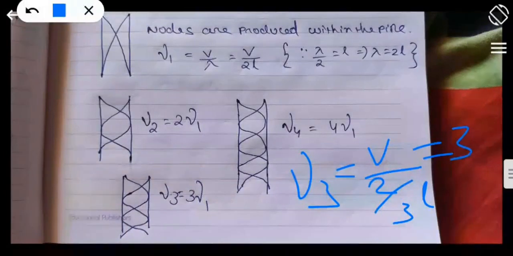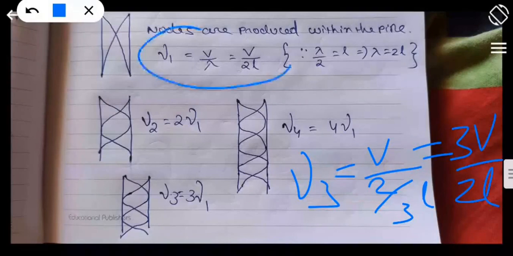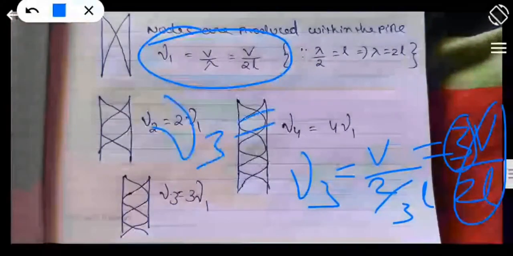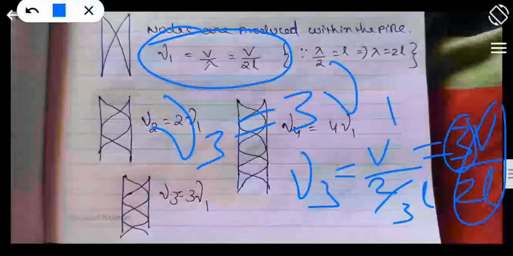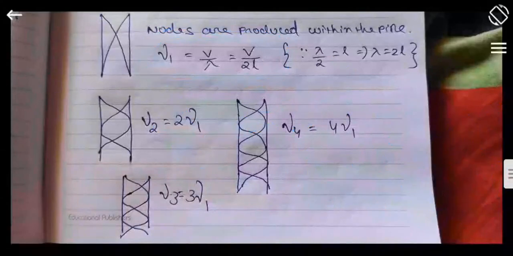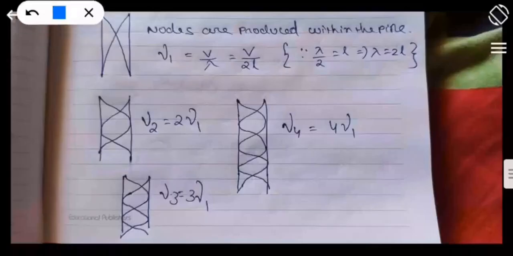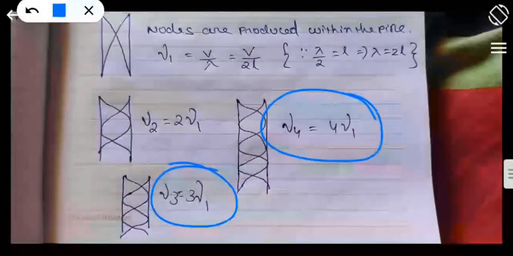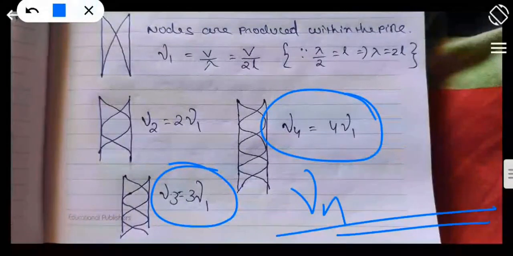So I can say if nu1 is v by 2L and nu3 is 3 times of v by 2L, I can write nu3 is equal to 3 times of nu1. So here also it has mentioned clearly nu3 is equal to 3 times of nu1, and nu4 is equal to 4 times of nu1. Similarly for nu n also. This is what holds for an open organ pipe.